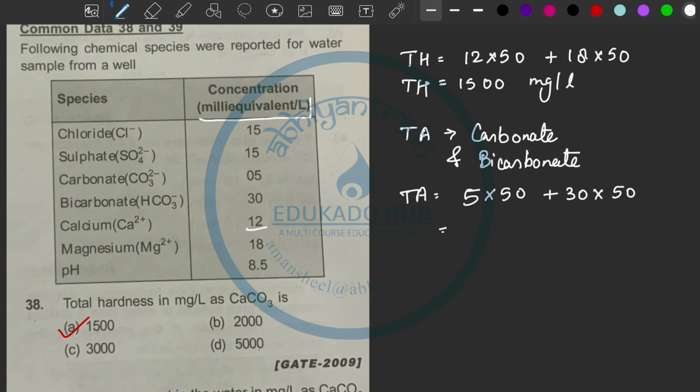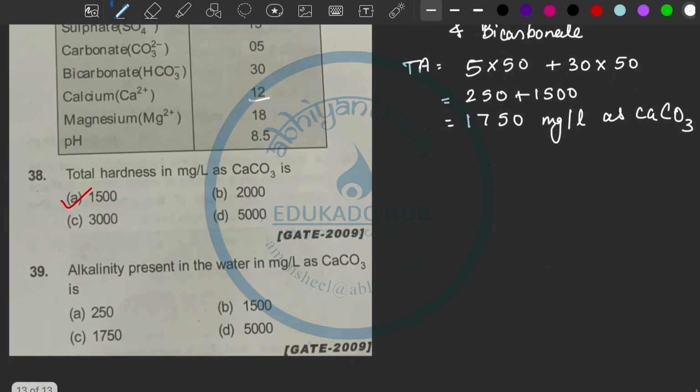That is 5 into 50, which is 250, and 30 into 50, which is 1500. 1500 plus 250 is equal to 1750 milligram per liter as CaCO3. So the correct answer will be option C, 1750.